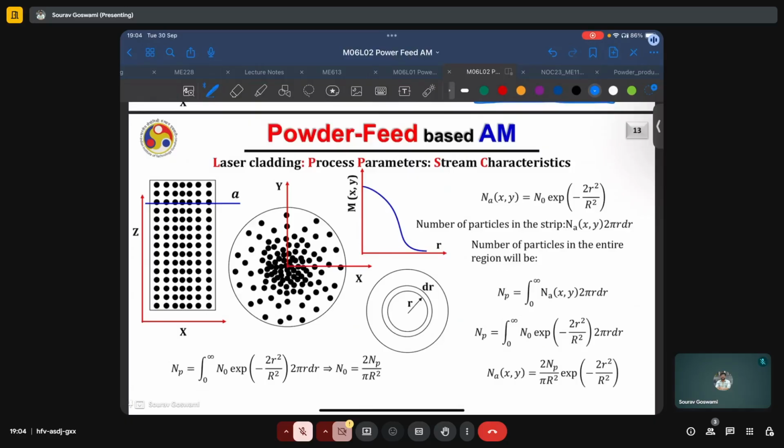And this is also shown here, which will give us the maximum number n naught equals 2 np by pi R square. And so the powder particle distribution at any height A will equal 2 np by pi R square e power minus 2 r square by R square.